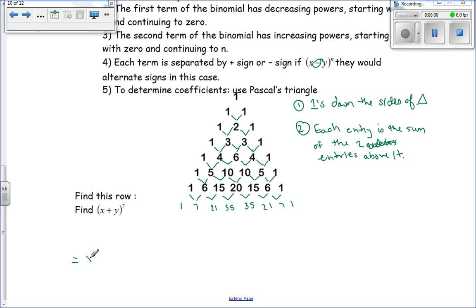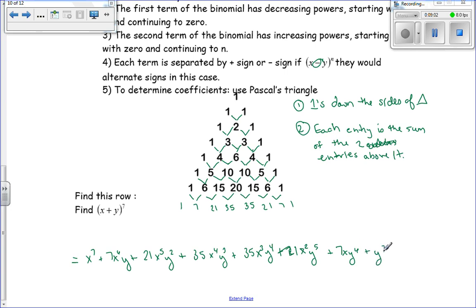That would mean I'd have x to the 7th, y to the 0, plus 7x to the 6th, y to the 1st, plus 21x to the 5th, y to the 2nd, plus 35x to the 4th, y to the 3rd, plus 35x to the 3rd, y to the 4th, plus 21x squared, y to the 5th, plus 7x, y to the 6th, plus y to the 7th.